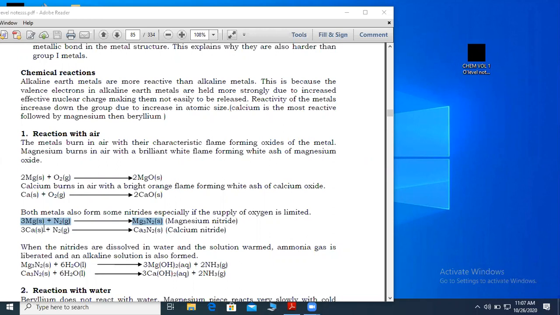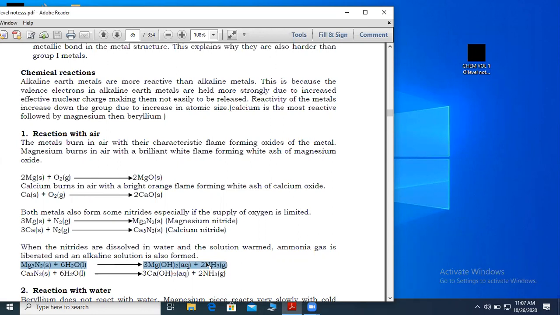We said that the magnesium nitride that is formed is very important, because when this solid is dissolved in water, it forms ammonia gas.